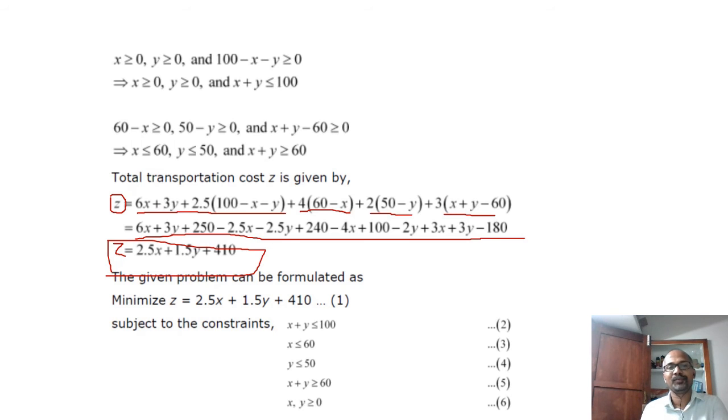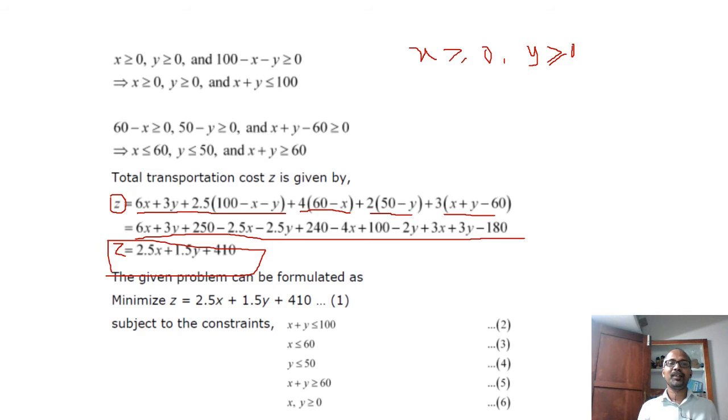Correct? And remember that each quantity which is to be transported is greater than or equal to 0. So first we transported x quintals, that must be greater than or equal to 0. Then y, the second quantity, y greater than or equal to 0. Then next is 100 minus x minus y, that is also greater than or equal to 0.